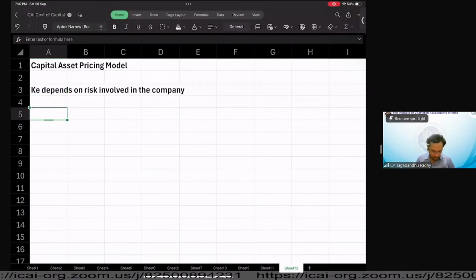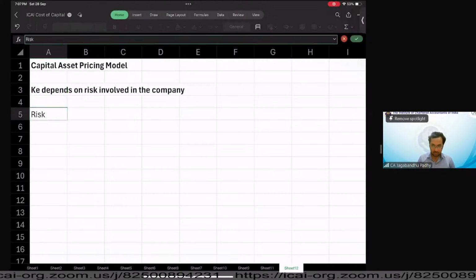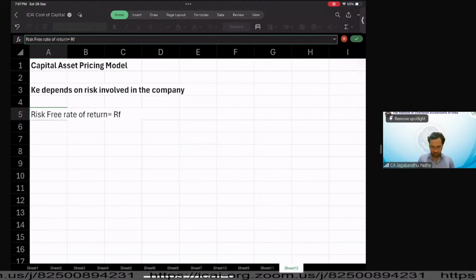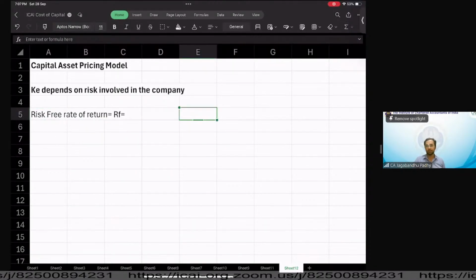Now, if I ask you, there is a risk-free rate of return available in the market, called RF. What was the 4th method? Realized yield approach. Sadab, the 4th approach was the realized yield approach.